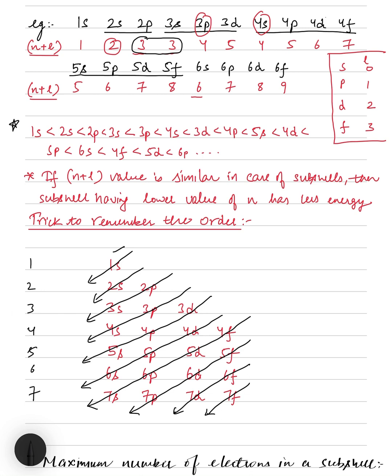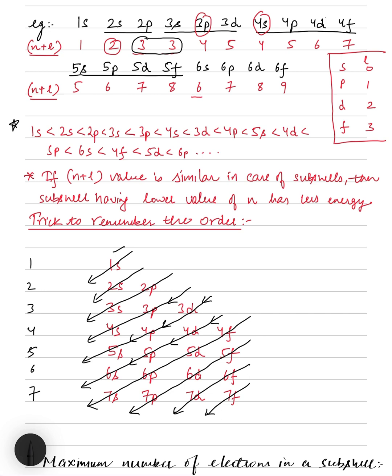So 1s, then 2s, then 2p to 3s, then 3p to 4s, and then 3d, 4p, 5s. Then we have 4d, 5p, 6s, right? In this direction of arrows, we have to remember the particular order of filling of subshells. So I hope you understood how we can use the Aufbau principle to fill the electrons in the subshells.